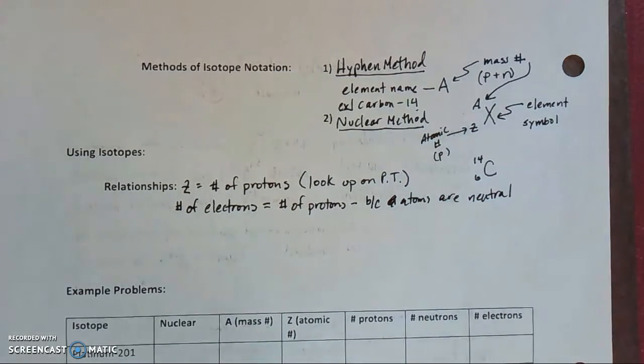So if we have 6 protons that are positive, we have to have 6 electrons to cancel that out. So however many protons we have in an atom, that is equal to the number of electrons for that atom. Now, we're going to see in a later chapter that we can remove or add electrons to an atom, but that changes its overall charge. It's no longer neutral.